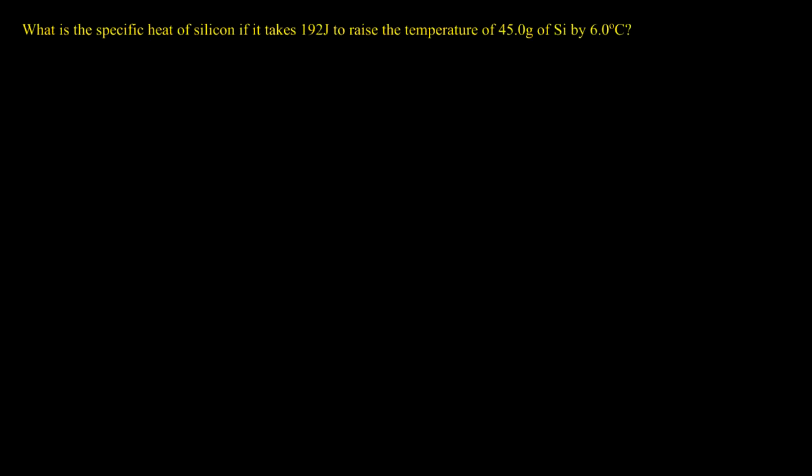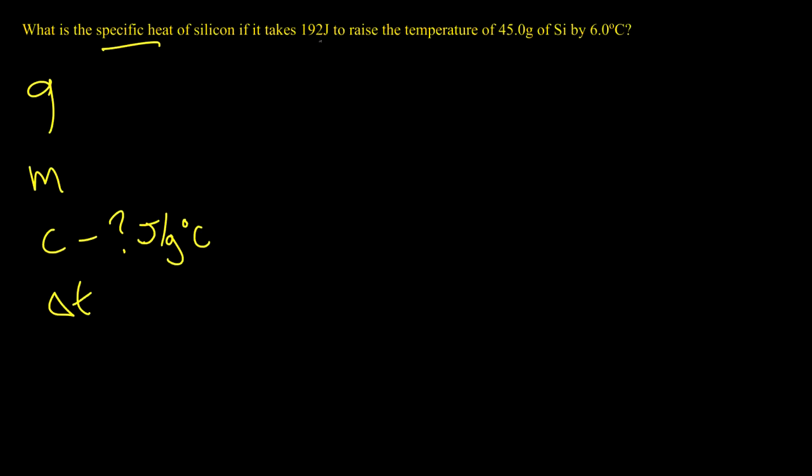This time we're looking for the specific heat. We're looking for the specific heat of silicone. If it takes 192 joules to raise the temperature of 45 grams of silicone by 6 degrees. So let's pick out our variables first. So what is the specific heat? I'm looking for C. That's going to be in joules per gram degrees Celsius.